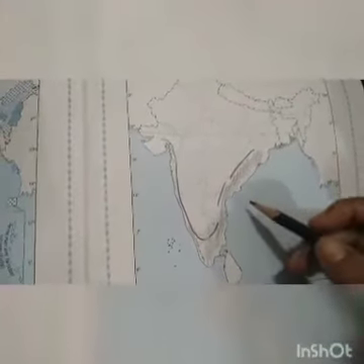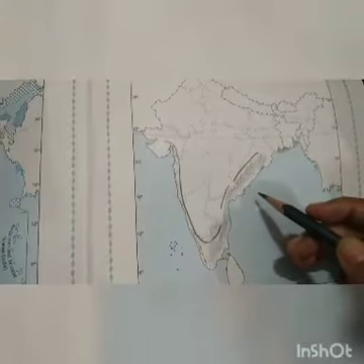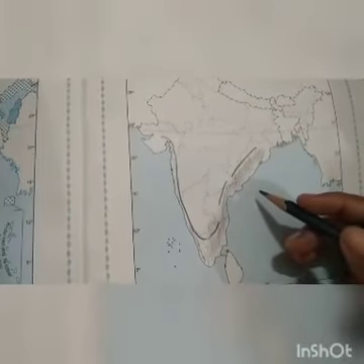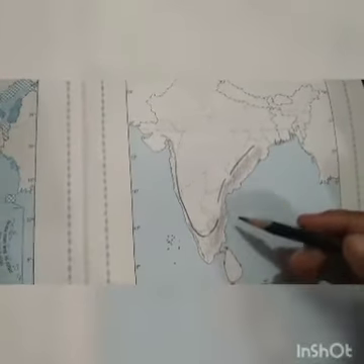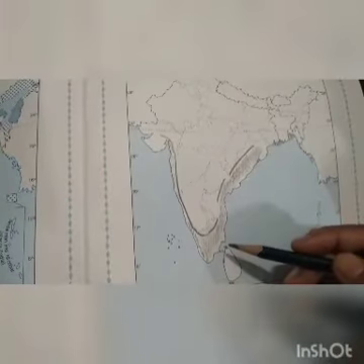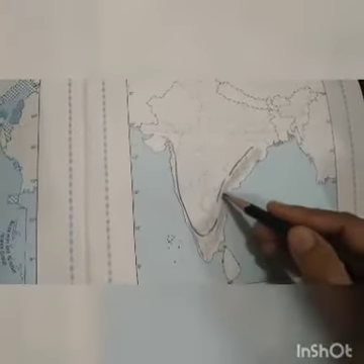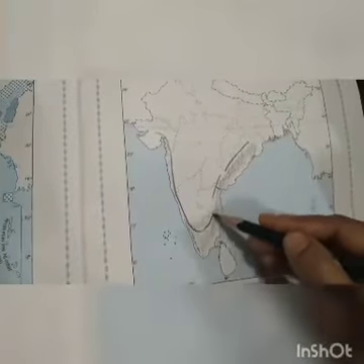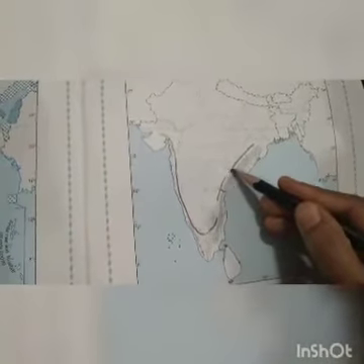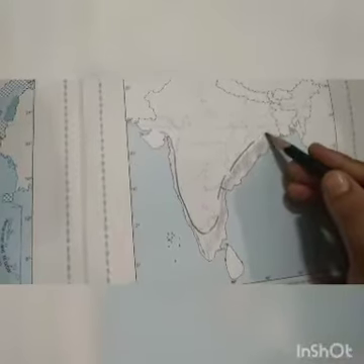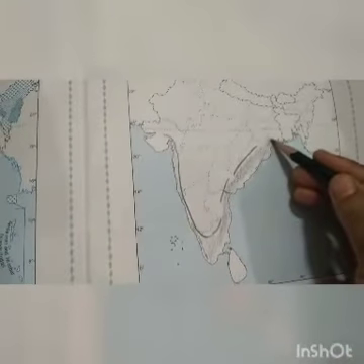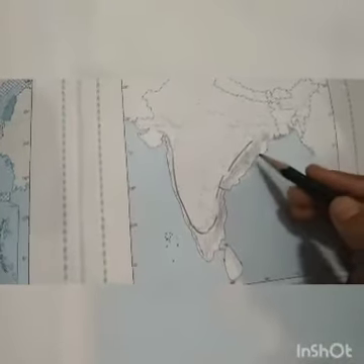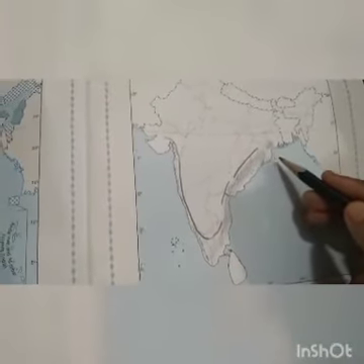Now this plain includes fertile deltas of Mahanadi, Godavari, Krishna and Kaveri, and the southern part of the eastern coastal plain is called Coromandel Coast. So this is your Coromandel Coast. This is also divided into two parts. So this is your Coromandel Coast, and the upper part till the Subarnarekha is known as Northern Circars.